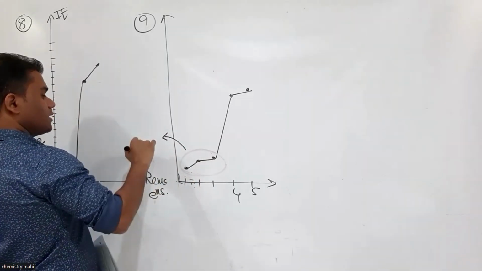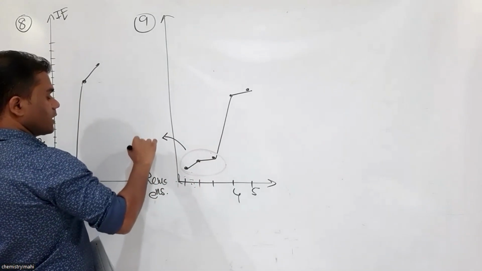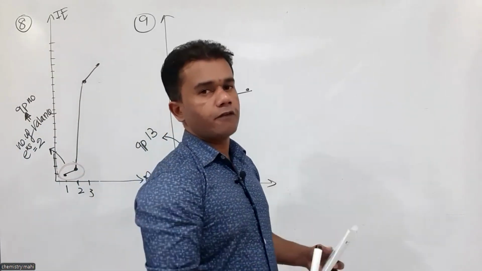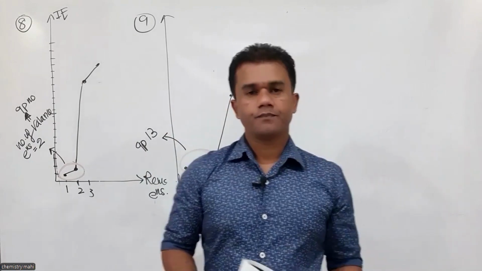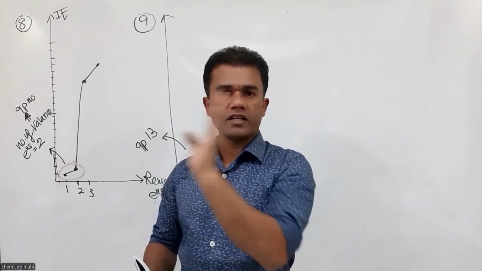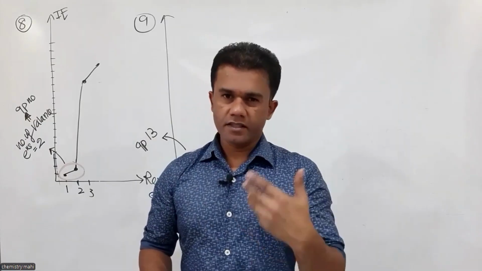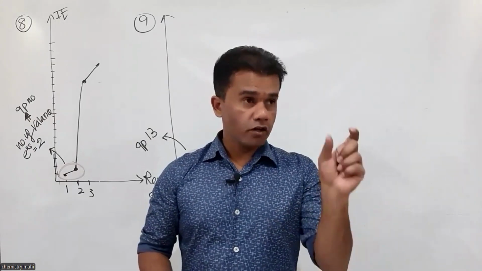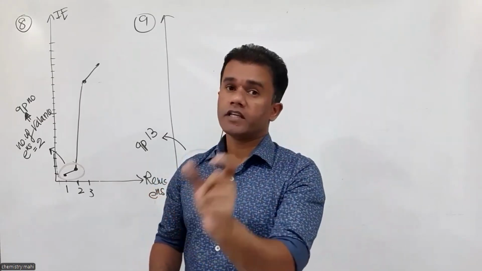But here we take the group number as 13, because this pattern is not found in the case of D block. Group 3 is D block element. Group 3 to group 12, it's D block. But in the case of trends of ionization energy and everything, we consider S block and P block only. We ignore D block. Why?